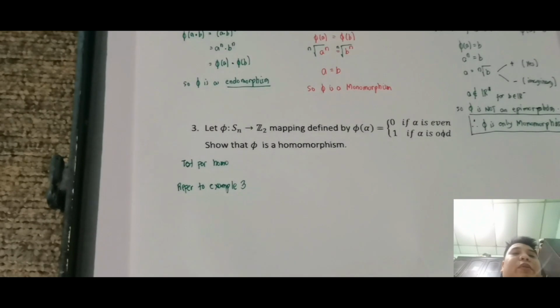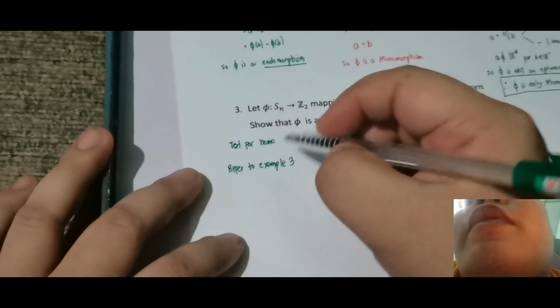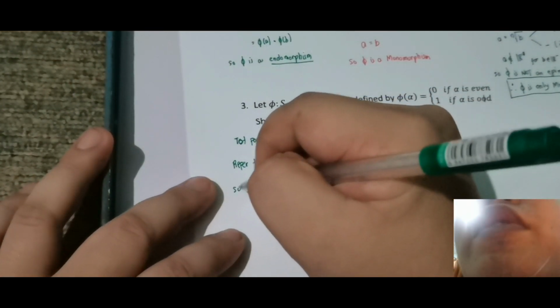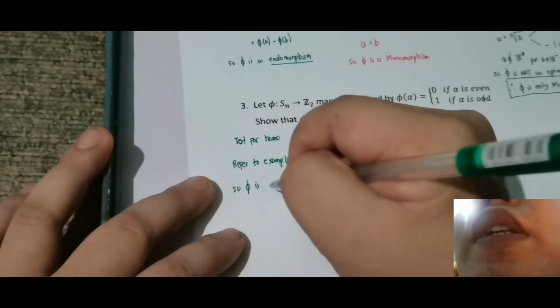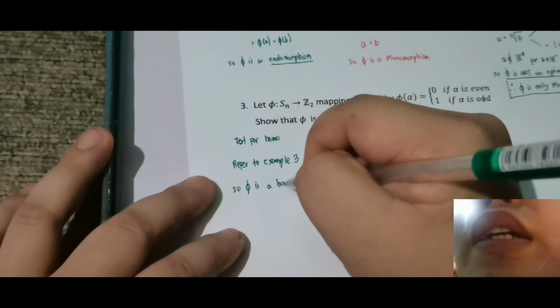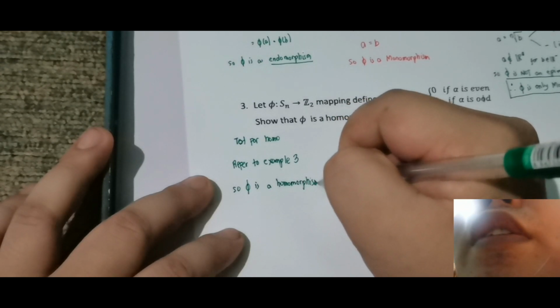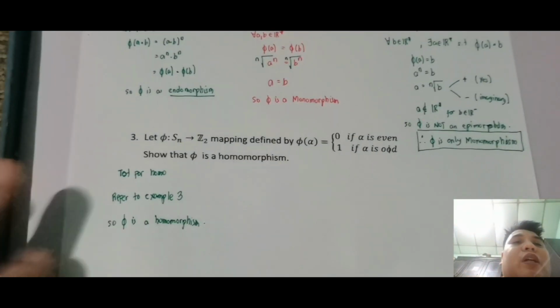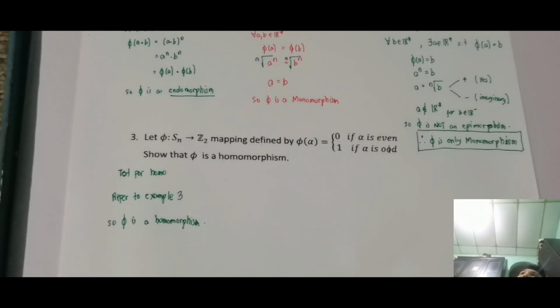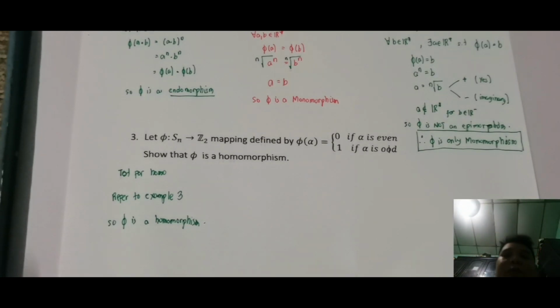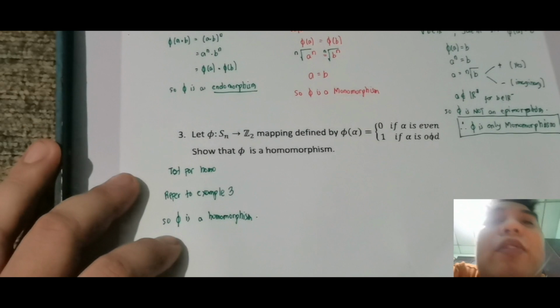Okay, so I don't know kung anong number ng video yun. So, we all know P is a homomorphism. Hindi ako tinamad, gusto ko lang i-skip to. Okay, so check natin kung siya ay monomorphism. So, monomorphism ba siya? Test for mono.